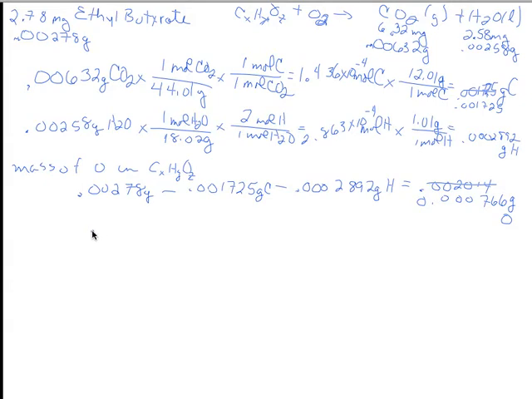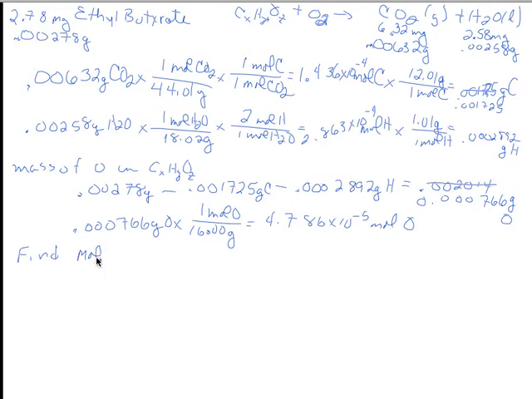So now using that number, 0.000766 grams of oxygen, convert that to the moles of oxygen, using the molar mass of oxygen in 1 mole of oxygen. That gives me 4.786 times 10 to the negative fifth moles of oxygen. So now let's find the mole ratio.